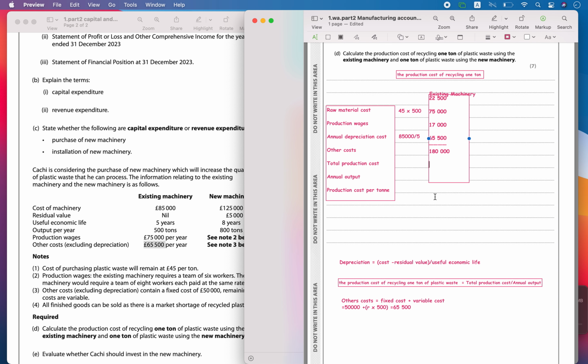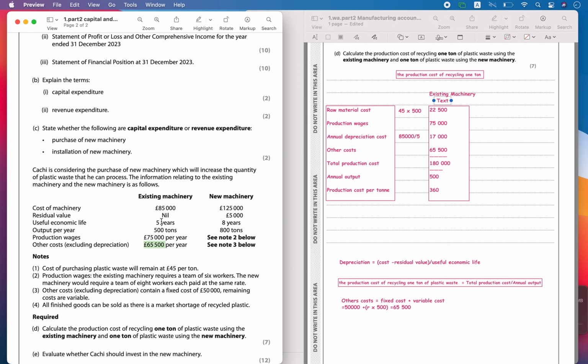And the annual output, I know it is 500 tons, so my production cost is going to be 180,000 divided by 500 tons. That's going to be 360. So my production cost per ton is going to be 360 pounds. Okay, so that is for the existing machinery.